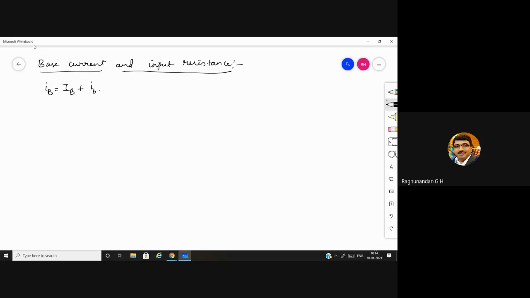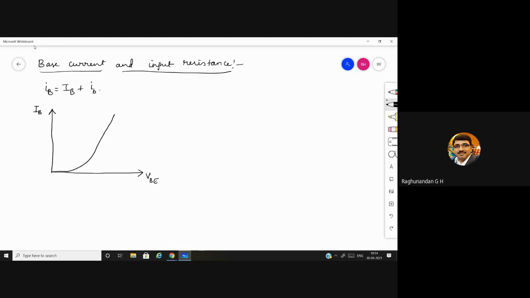Now let us plot the VI characteristics considering the base current and the base to emitter voltage. In all the cases we were plotting I_C versus V_CE. Here, since we are talking about the base current, we are going to plot the graph base current versus base to emitter voltage.